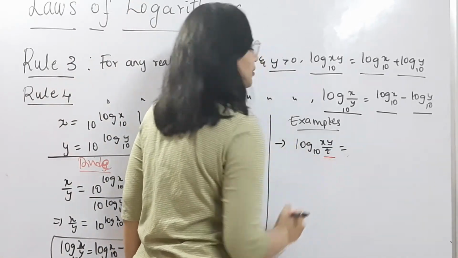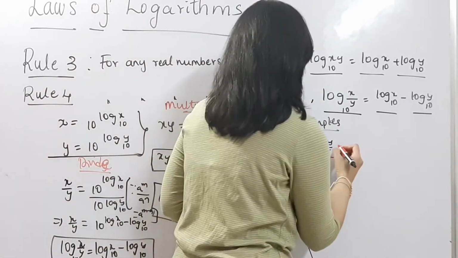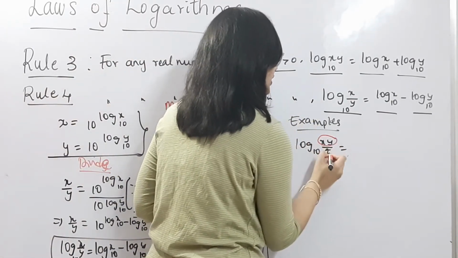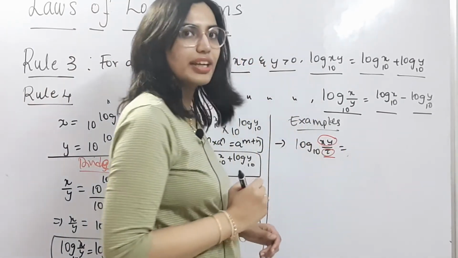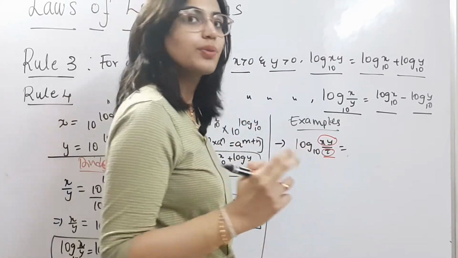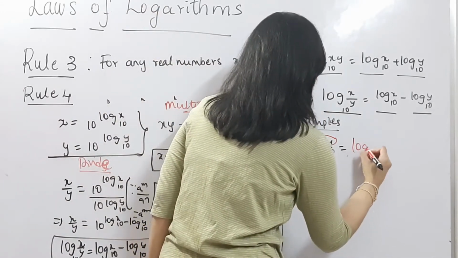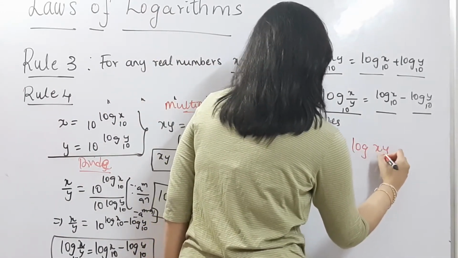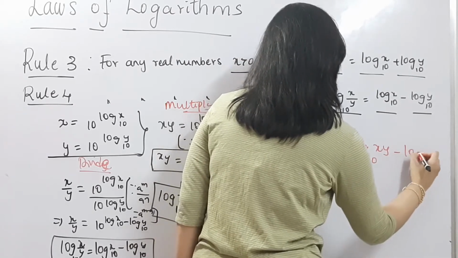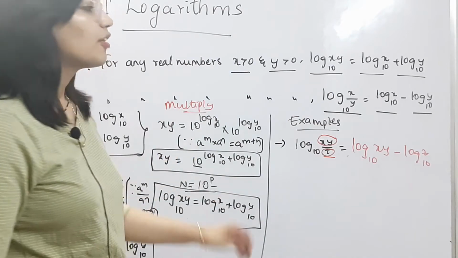Log xy by z to the base 10. First, we will assume that this is one unit and this is another unit. Okay, log xy and log z. What do we know when you divide two? It is in the form of this. So, can we not write this as log xy to the base 10 minus log z to the base 10 using rule 4?